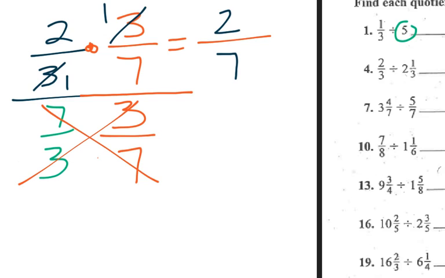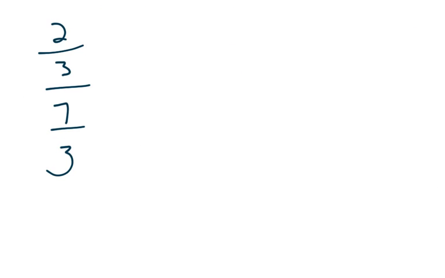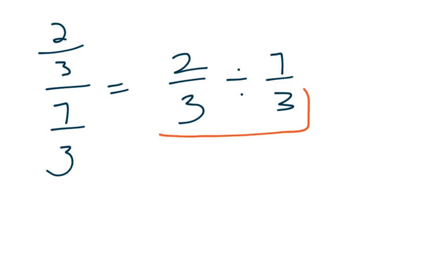I want to show you something else too. It might help you in the future. I rewrote the problem again, but this time I'm going to write it horizontally, just so we can see it a little better. Notice how the denominator is 3 in both of them.